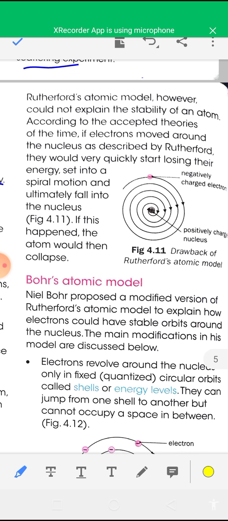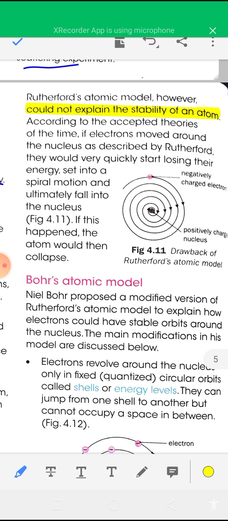Rutherford atomic model, however, could not explain the stability. So this is a drawback of Rutherford atomic model. Rutherford atomic model could not explain the stability of atom. According to the accepted theory of the time, if electrons moved around the nucleus as described by Rutherford, they would very quickly start losing their energy, go into a spiral motion, and ultimately fall into the nucleus.